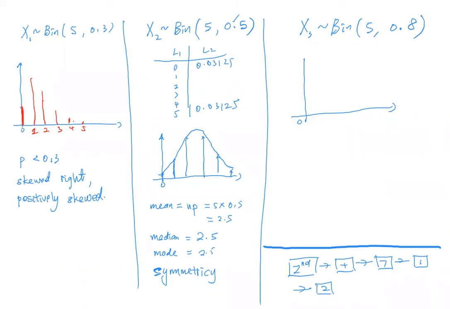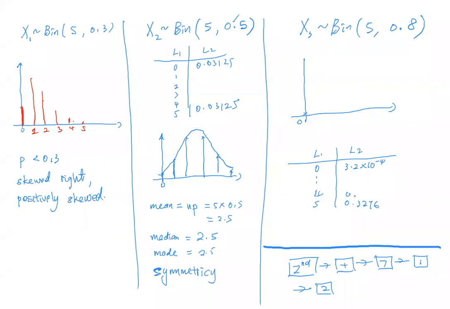So the table that you have will be some sort like this. L1, 0 to 5 here. Your L2, the first one is 3.2 times 10 to the power of -4, very small. Then it increases. Then the last one is 0.3276.